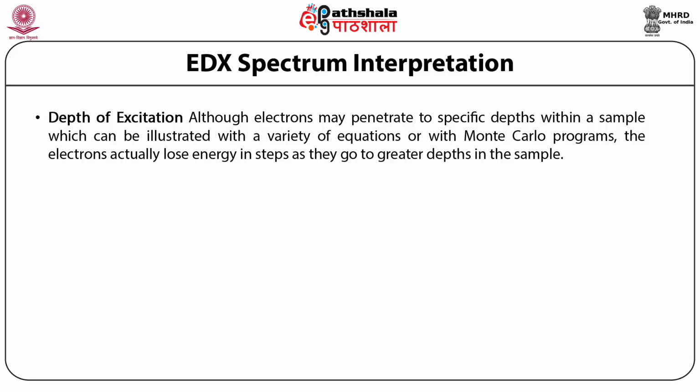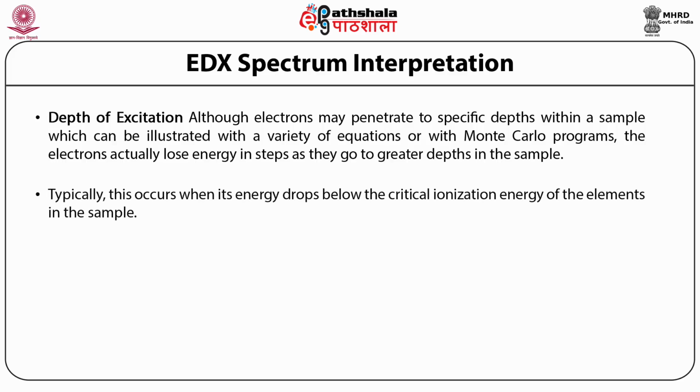As a result, an electron may soon lose a sufficient amount of its energy such that it can no longer excite characteristic X-rays. Typically, this occurs when its energy drops below the critical ionization energy of the elements in the sample. Each element within the sample will have its own critical ionization energy and its own excitation depth.